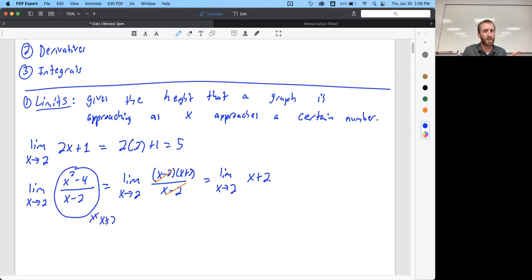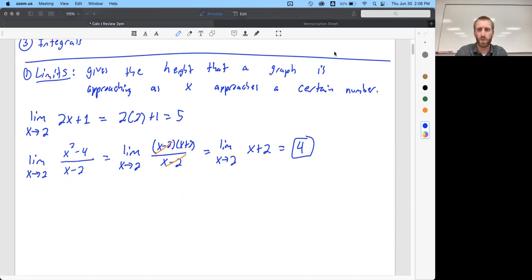In fact, it isn't, because x plus 2 is defined at x equals 2, whereas this function was not defined at x equals 2. I'll show a picture of that in a second. But then we can just plug in 2 because now there are no problems. And so the limit here is equal to 4.